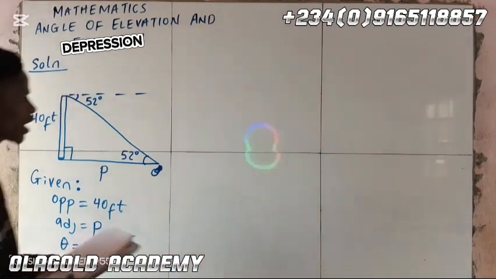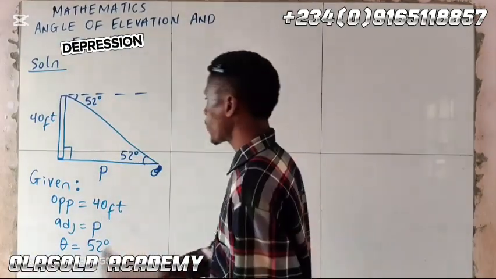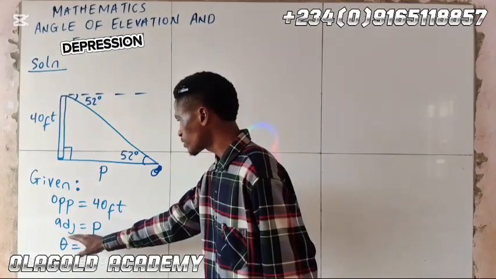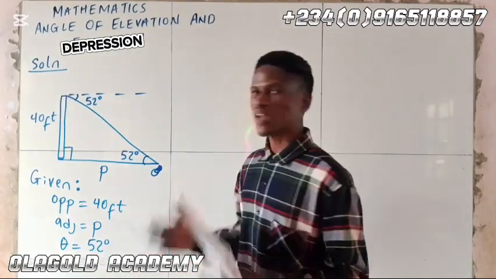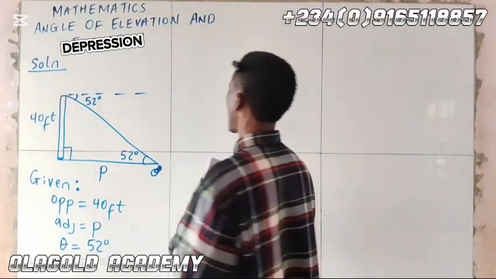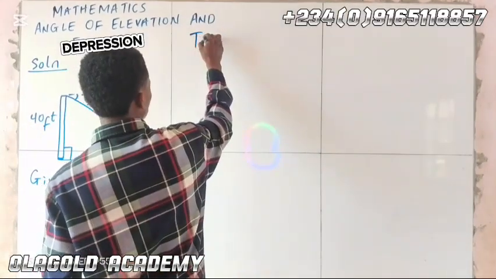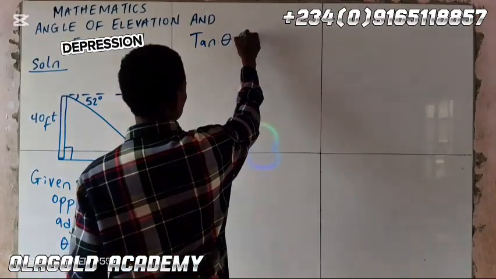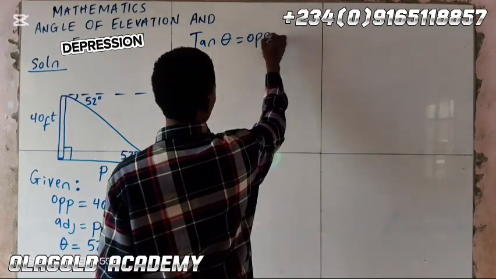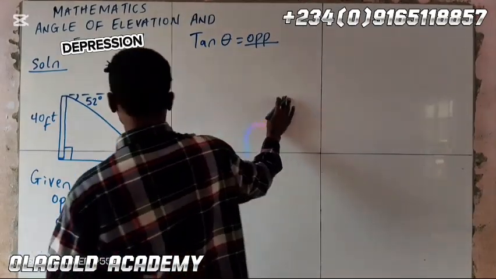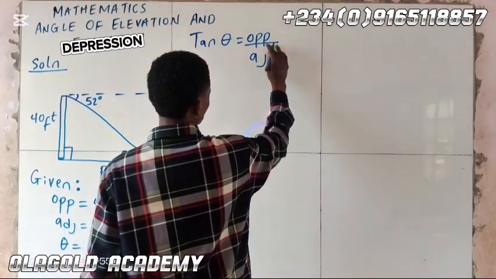Now, what formula relates opposite, adjacent, and theta together? The formula is TOA. So we have tan theta equal to opposite over adjacent.